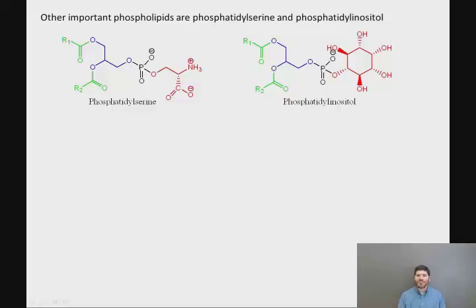That's the most common form of inositol. But there are actually other inositols out there with different relative stereochemistries. So inositol, if you care, is actually biosynthesized from glucose, having 6 carbons and an oxygen on each carbon.